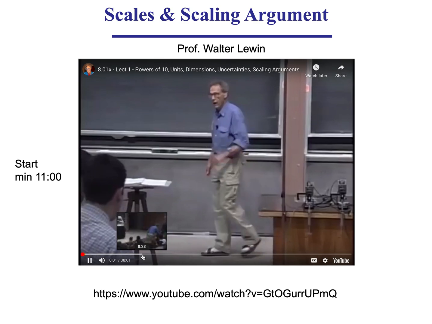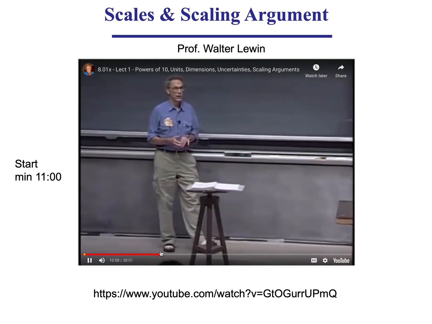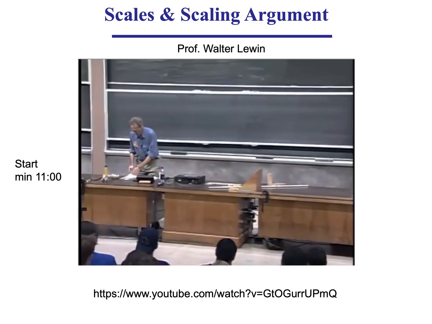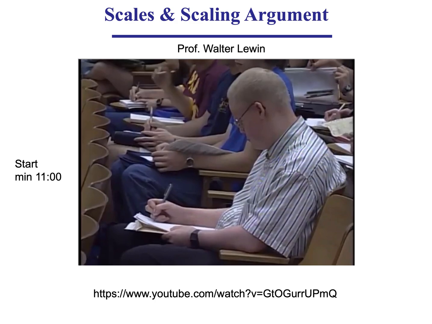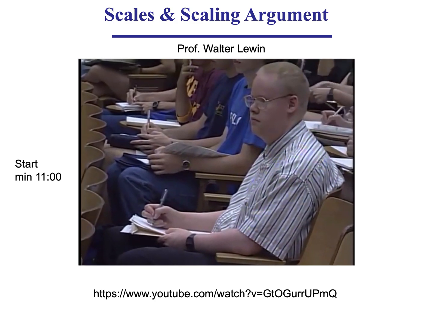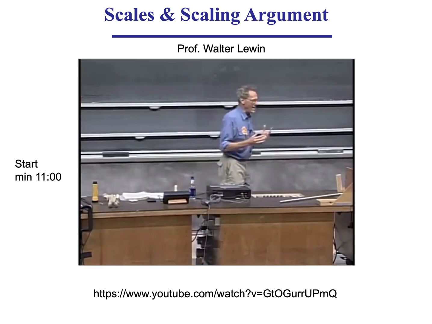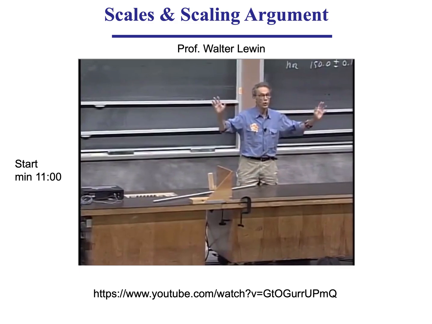I'm Walter Lewin. I will be your lecturer this term in physics. Whenever you make a measurement, you must know the uncertainty, otherwise it is meaningless. Galileo Galilei asked himself the question, why are mammals as large as they are and not much larger?